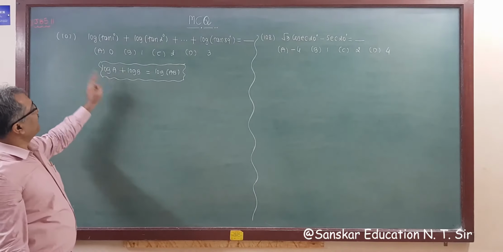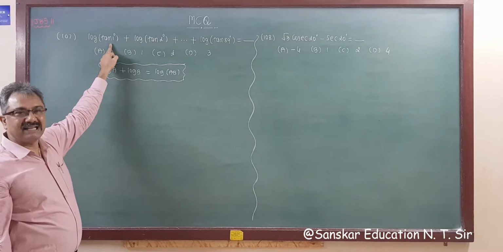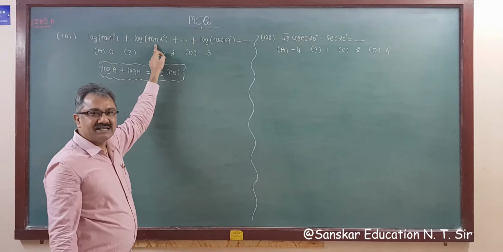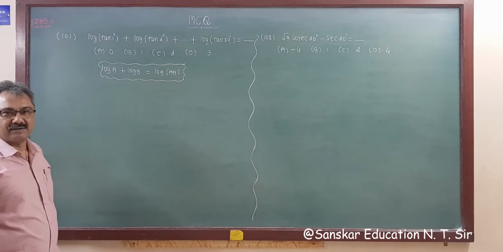So applying this formula, log 10 1 degree is A, 10 2 degree is B, and 10 89 degree is your last term, right?